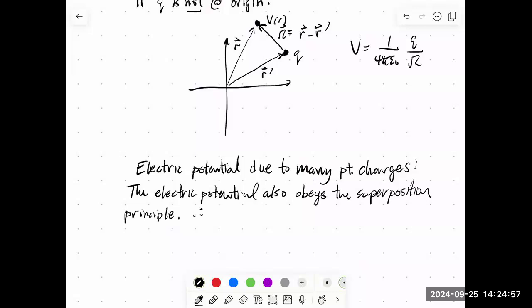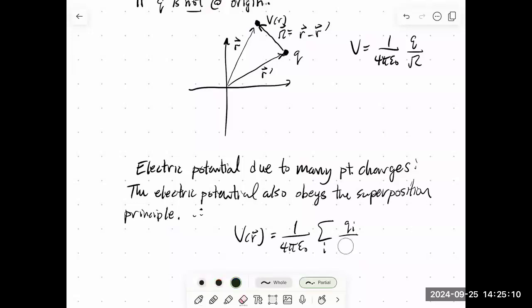So therefore, this would be 1 over 4 pi epsilon naught, and then you just have this sum of qi over script ri. Maybe I'll use this script r to be more general, so that we don't have to have all of our point charges sitting at the origin.